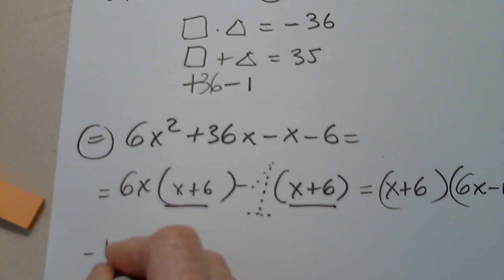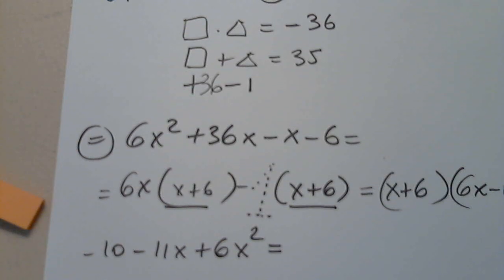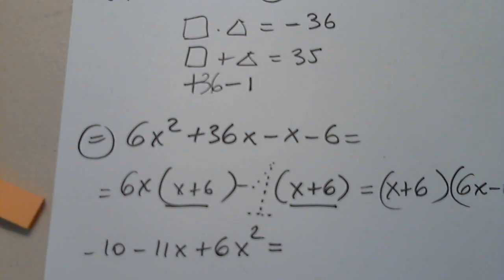Good, the next one. -10 minus 11x plus 6x squared. Let's work on this for a minute, please. Let's see what we get. And remember, we have to rearrange it.